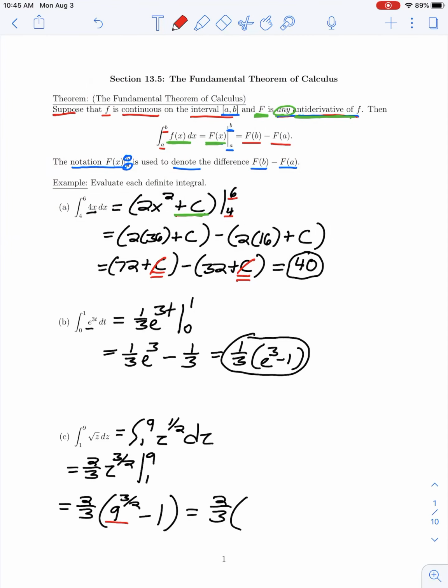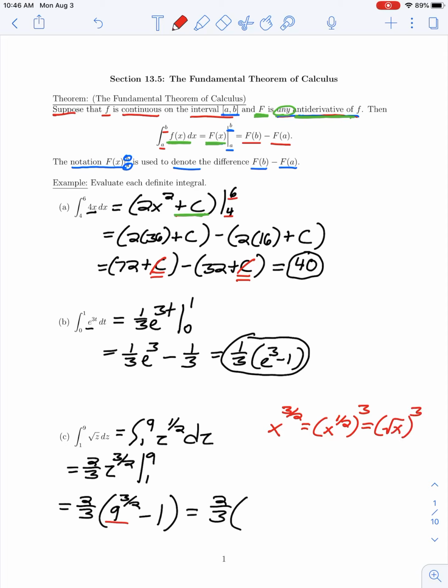So 9 to the 3/2 power, or more generally, x to the 3/2 power, is the same as taking x to the 1/2 power and then cubing it. By properties of exponents, recall if you have a power function that's being raised to some power, you would just multiply your exponents. But we mentioned that x to the 1/2 power is the same as the square root of x.